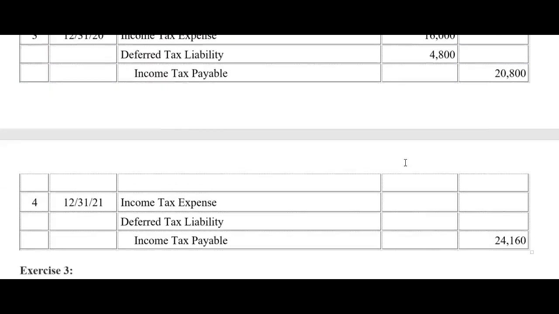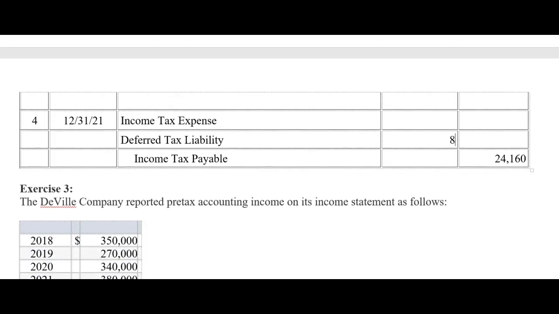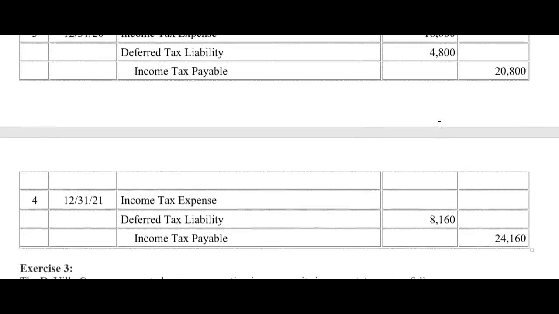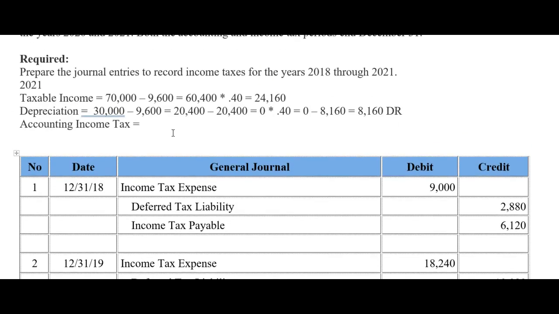So go down here, we're going to debit for $8,160. Now, of course, we could back into our income tax expense, but let's prove it. How much is our income tax expense? We have no rate changes, so we don't have to catch up anything or do anything weird there. So again, $70,000 minus $30,000.